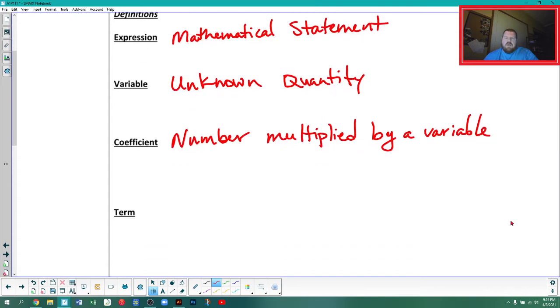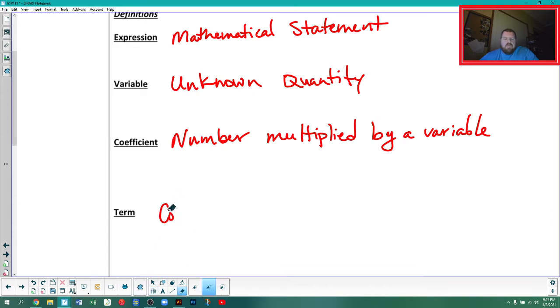And then a term, one thing that's kind of missing here would be exponent, but we've talked about exponents in the past, just like we've talked about variables in the past.